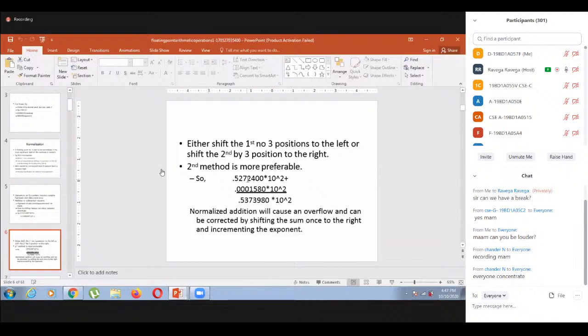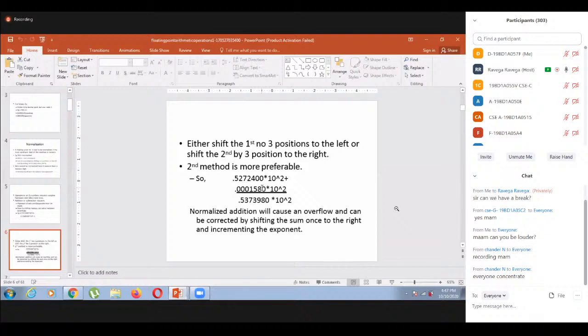Most significant digits being lost means you cannot get the exact result, so you need not go to the first one. Which one is preferable? The one with the least exponent value. That exponent value will be incremented to the more exponent value.